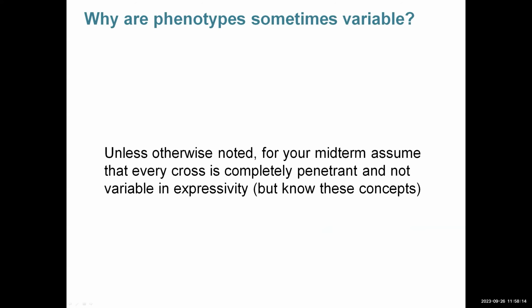Unless noted in your midterm, you should assume that every cross is completely penetrant and that there is no variable expressivity. But you should know what these concepts mean. You should be able to keep them in mind if I asked you to explain why something like an individual has a genotype but doesn't have the phenotype could happen.